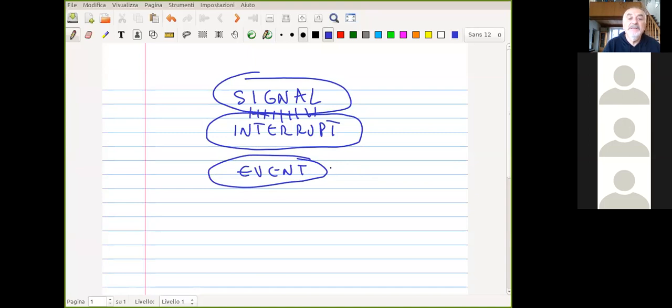So an event is a couple of values. Theoretically, the time in which it occurs, and the name of the event. We suppose that we have several possible events distinguished by name with different semantics, so they will produce different consequences on the software, on the algorithms running.